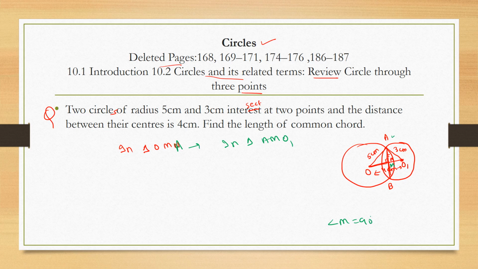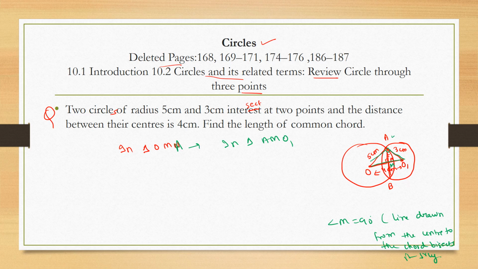Because a line drawn from the center to the chord bisects it perpendicularly. Correct? So now, this is 4, this is 3, this is 5, so this is also 90 degrees.